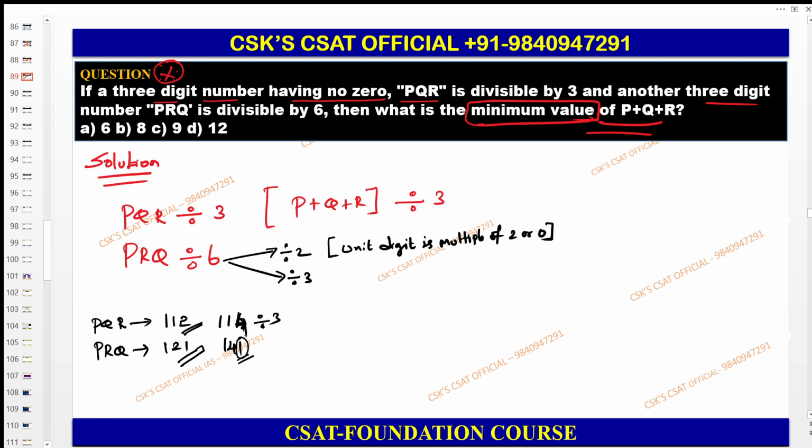Understood? So the maximum constraint is on PRQ. Solve PRQ first.